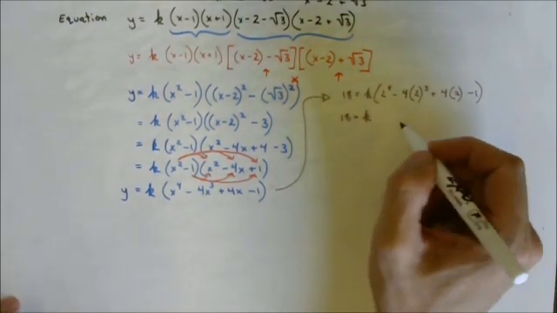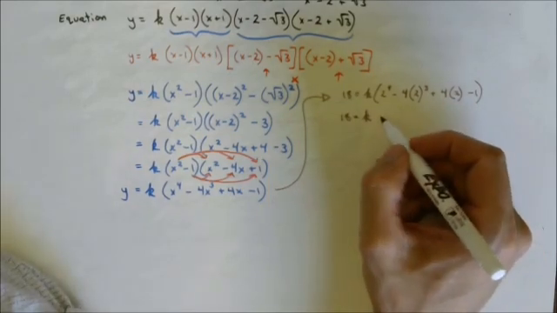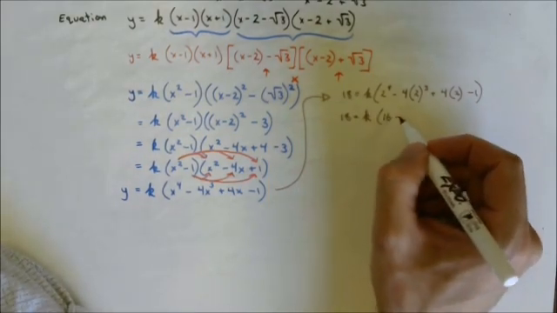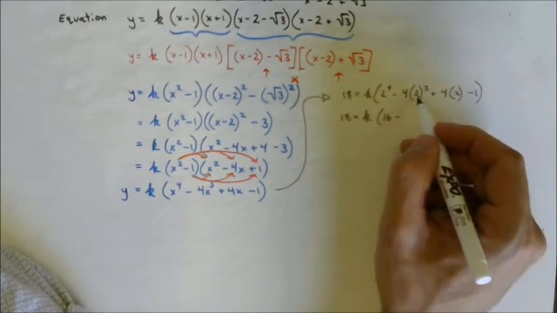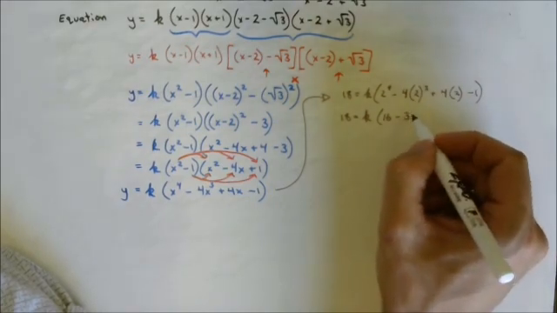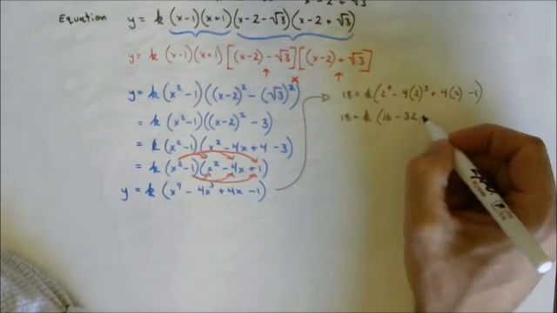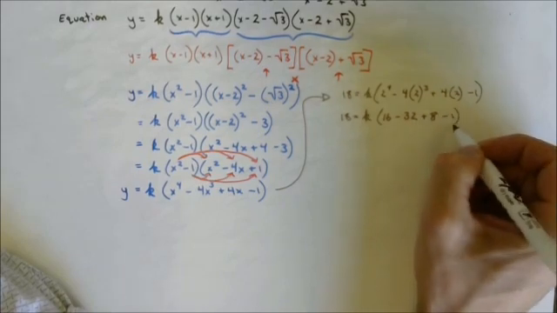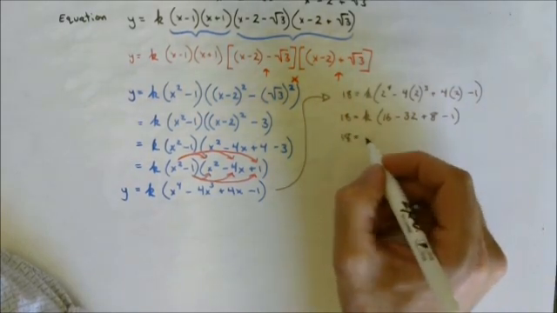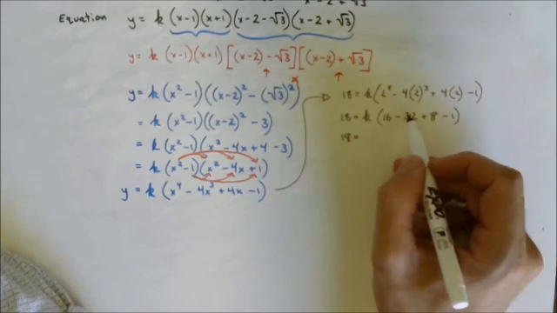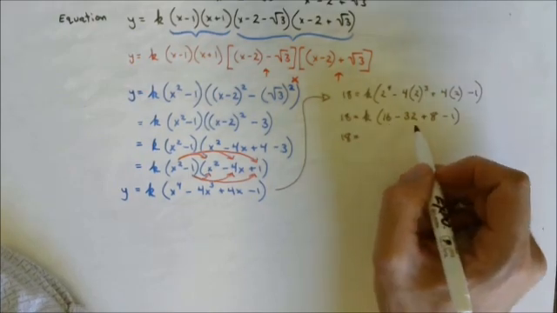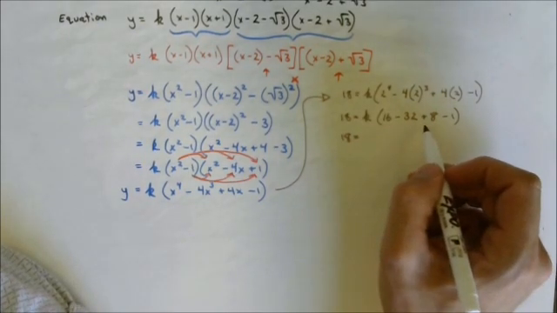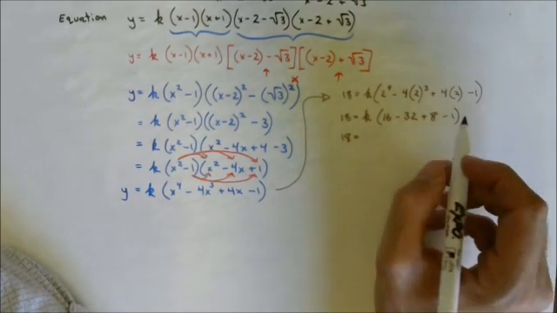We can simplify this bracket. 2 to the power of 4 is 16. 2 to the power of 3 is 8, times 4 is 32, 4 times 2 is 8, minus 1. We've got negative 32 and positive 16, that's negative 16, plus 8 is negative 8, minus 1 is negative 9.